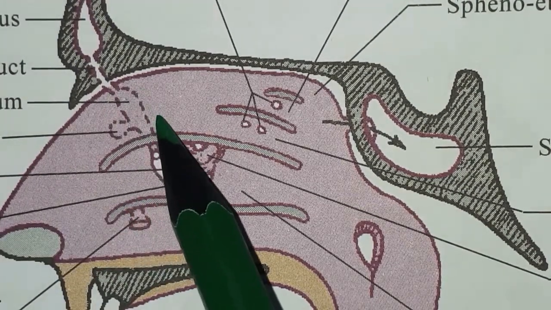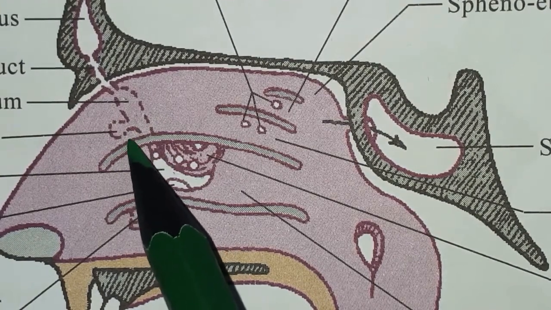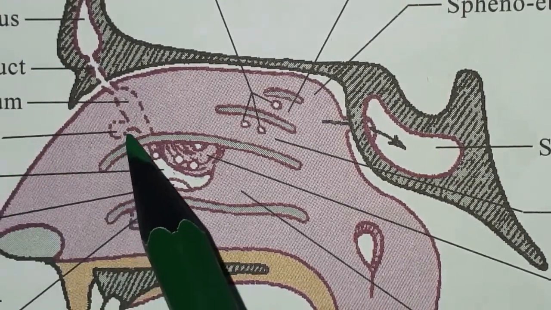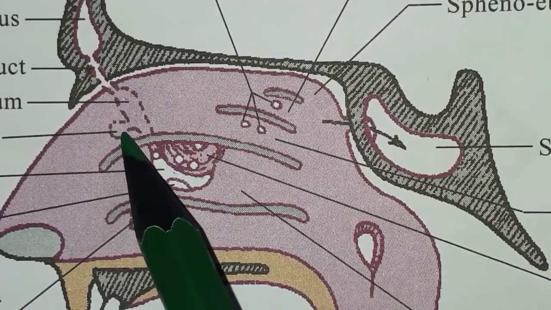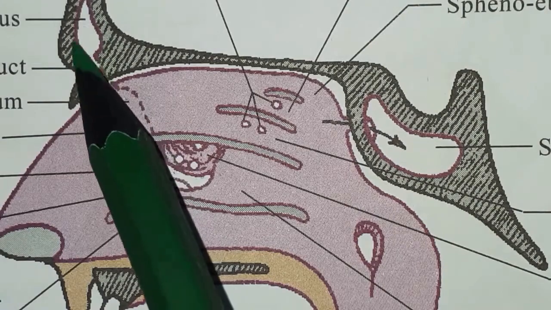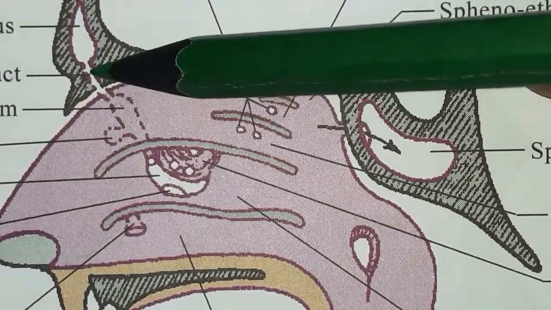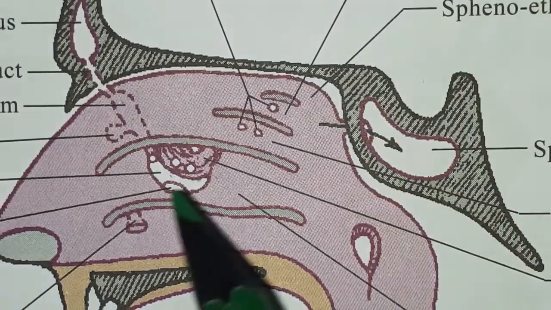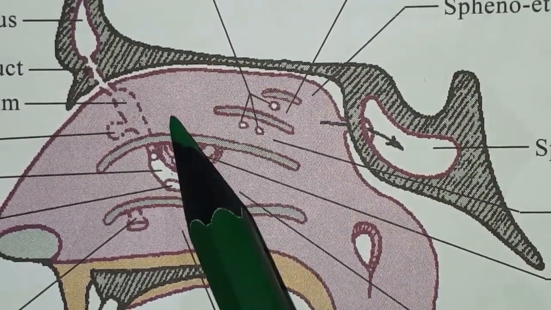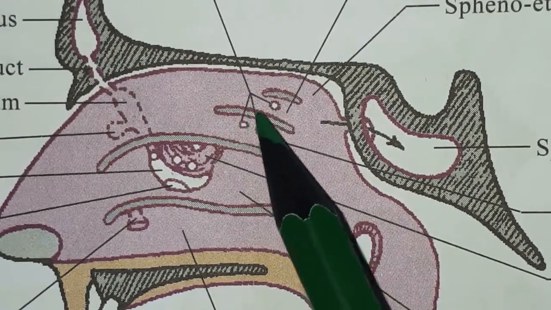This structure is the ethmoidal infundibulum, and the ethmoidal infundibulum receives the anterior ethmoidal sinus, the small bulging over here, and it also receives the opening of the frontal sinus through the nasofrontal duct or the frontonasal duct. Above it lies the superior meatus, which has the opening of the posterior ethmoidal sinus.